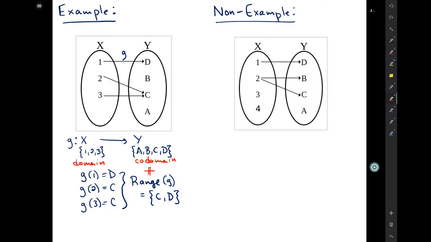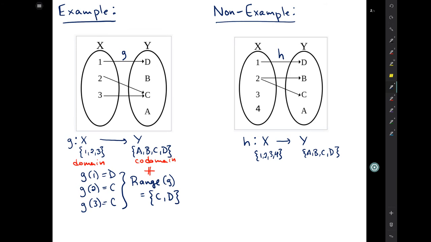Okay, so on the right-hand side here, I have a non-example. And I am going to call this function h. So again, h goes from X to Y, where X is the set 1, 2, 3, 4, and Y is the set A, B, C, D. Now, h is not a function.